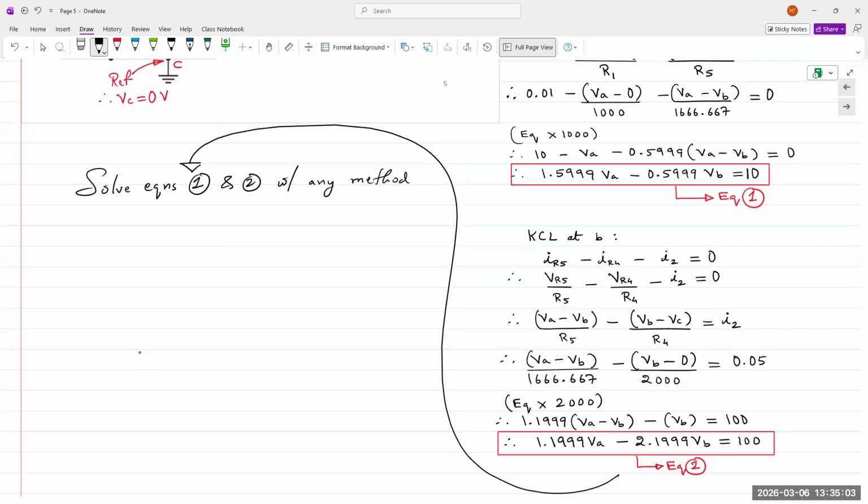And what you will obtain is this. VA is equal to minus 13.569 volts. And VB is equal to minus 52.858 volts. Okay. Minus 13.569 and minus 52.858.